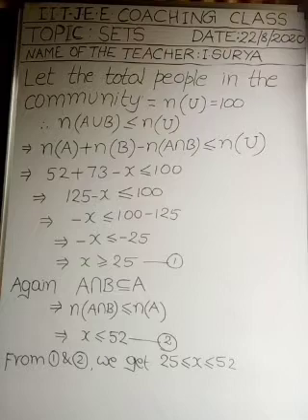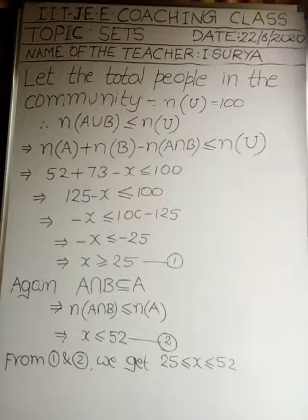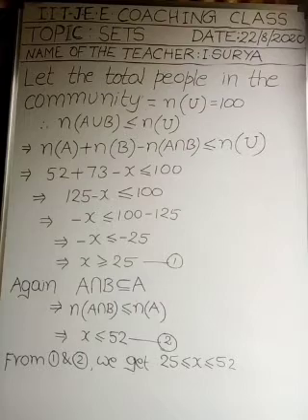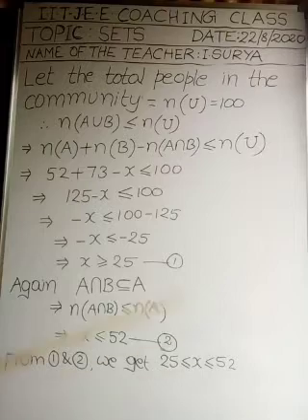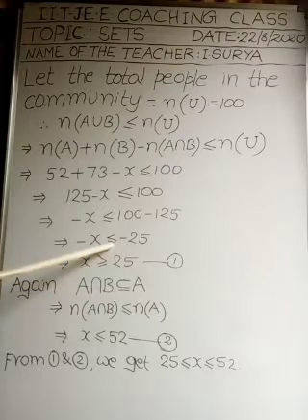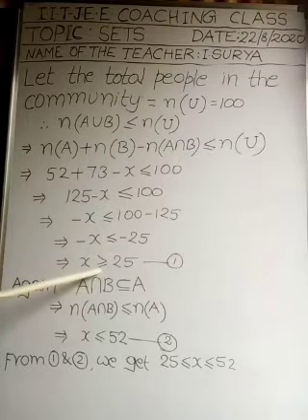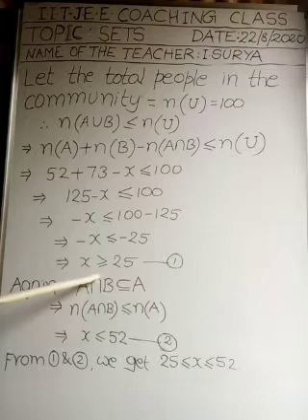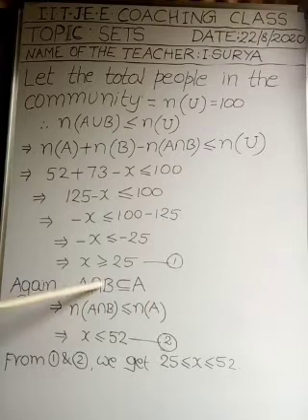If the greater than symbol is there, we write the less than symbol. If there is a less than or equal to symbol, we write a greater than or equal to symbol, and a greater than or equal to symbol changes to a less than or equal to symbol. Okay, my dear children, remember this point. So here the less than or equal to symbol is there for x. It is changed to greater than or equal to. Understood this step?